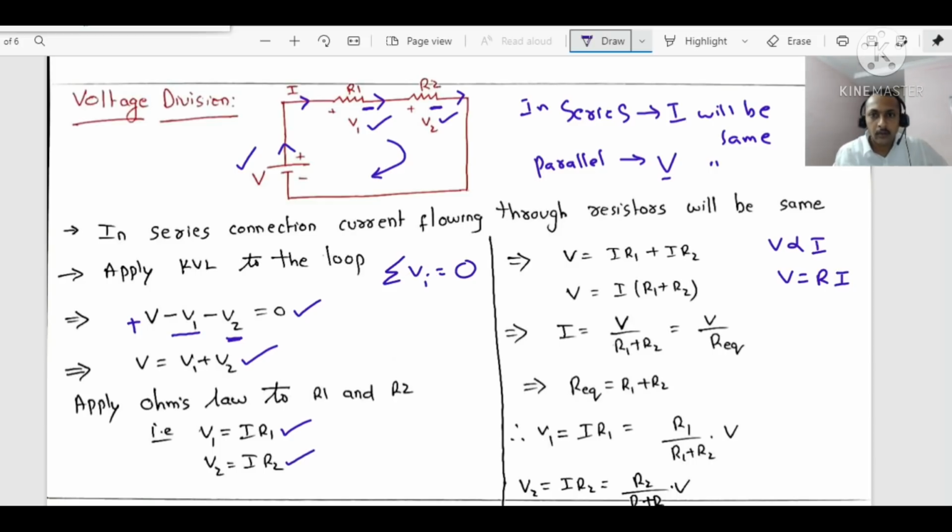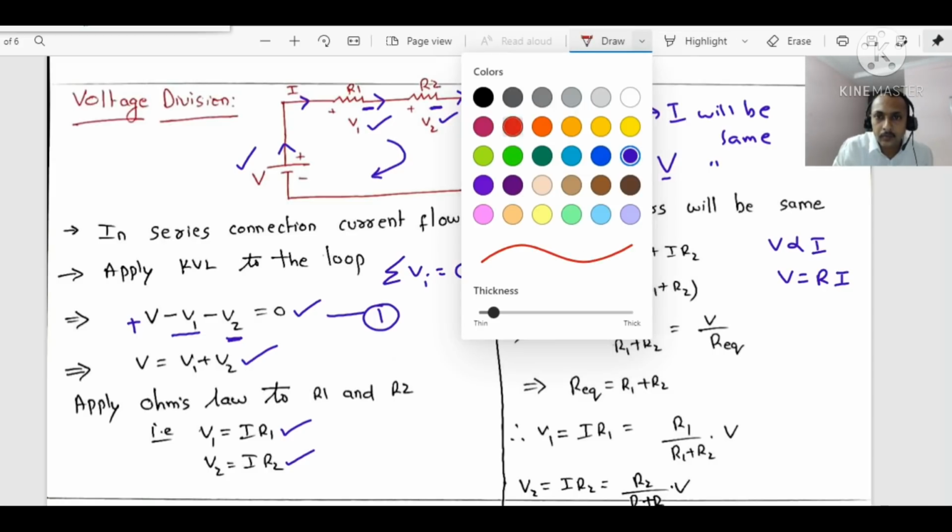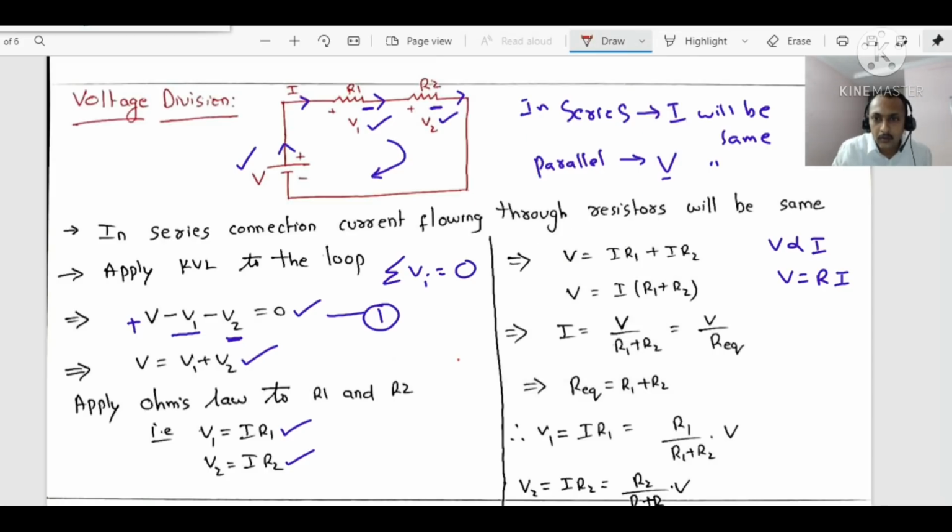Let me substitute the values of voltages V1 and V2 in equation 1, for example. V equal to, take out I common, I times R1 plus R2. So what will be the magnitude of current I? Current I equal to V divided by R1 plus R2. So R1 plus R2 equal to the R equivalent.